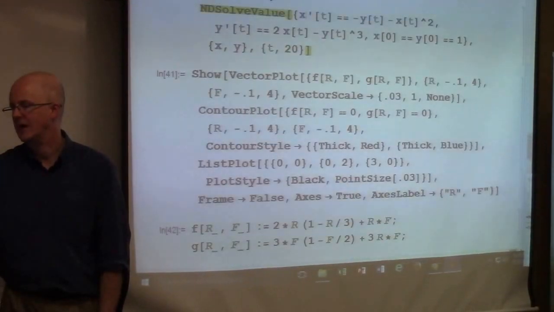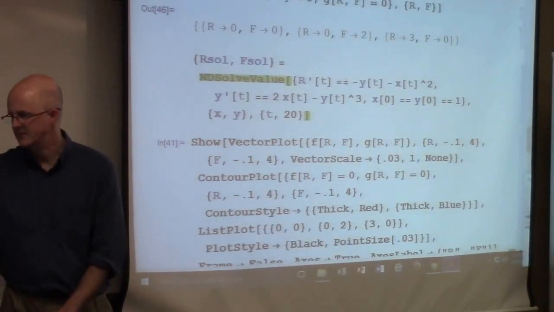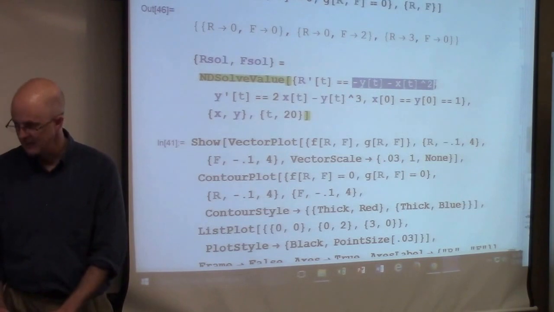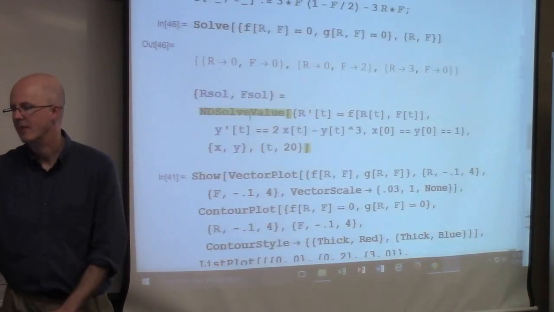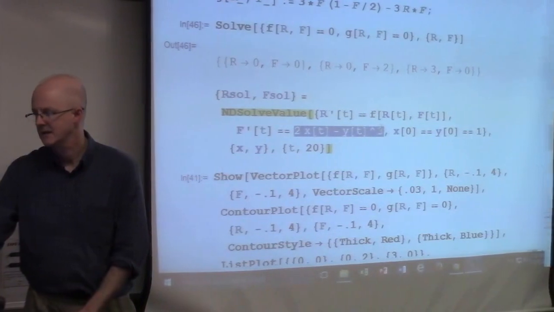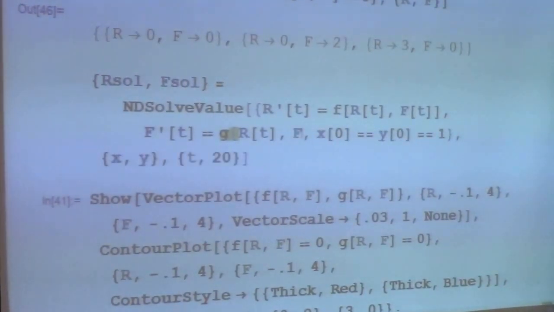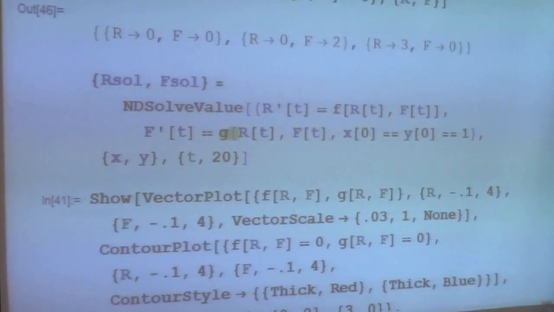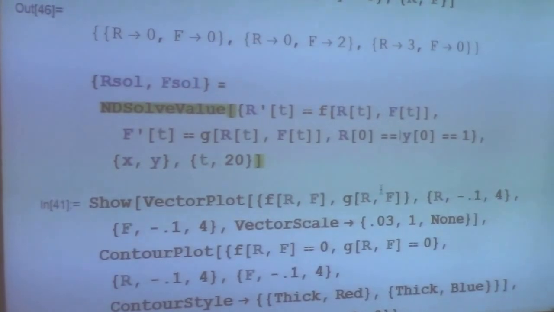With the differential equations, I want R prime of t equals f of R of t, comma, capital F of t. For the capital F prime equation, I want g of capital R of t, comma, capital F of t. I want initial conditions involving R and F.